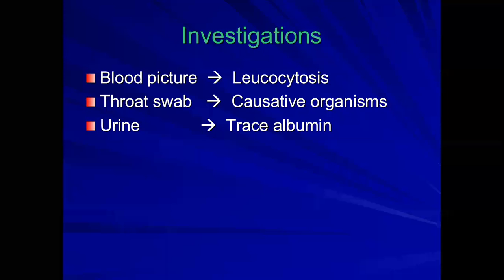So it is very easy for the treatment: we treat according to the sensitive organism, which medicine the organism is sensitive to. The third examination is urine for trace albumin, because of the complications. When we go to complications, that requires investigation of the urine.